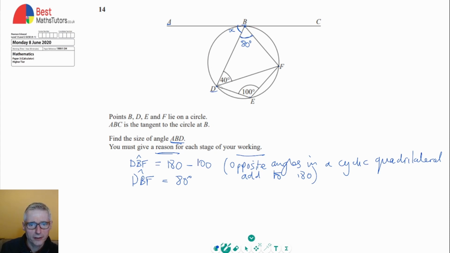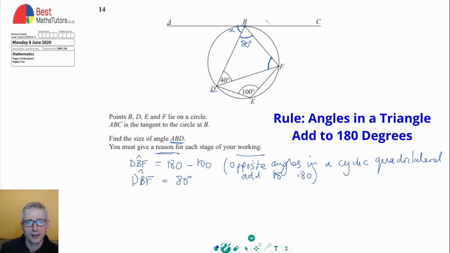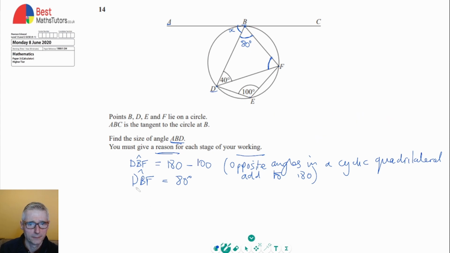What we can then do is find BFD, that's the next easy one to find, and we can find that using the angles in a triangle adding up to 180. So we can say that BFD, so again the middle letter gives where the angle is, BFD is going to equal, and I like to write it like this, 180 minus the other two angles added in a bracket there, so plus 40 plus 80.